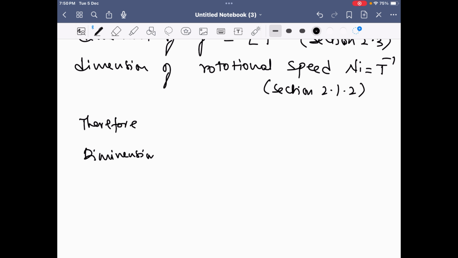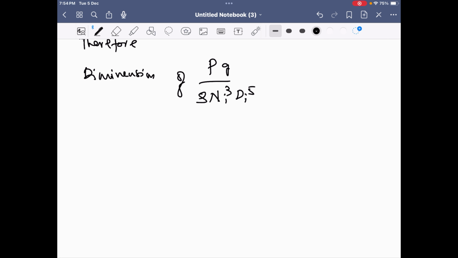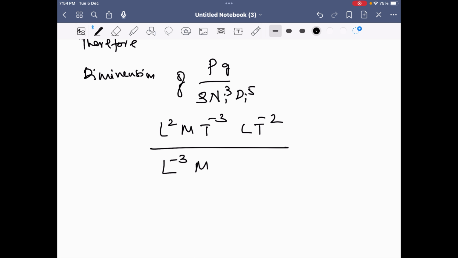Dimension of PG divided by rho Ni cube Di to the power of 5. Let us substitute the dimension of each parameter: L square m t power minus 3 for P, L t power minus 2 for G, divided by the density L power minus 3 m, t inverse power 3 for Ni, and L to the power of 5.